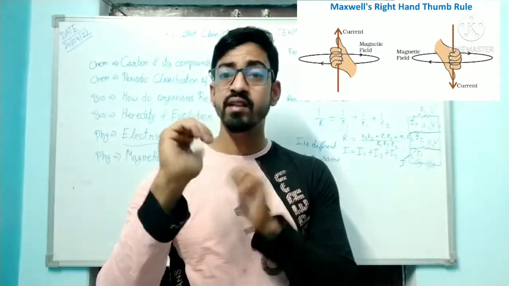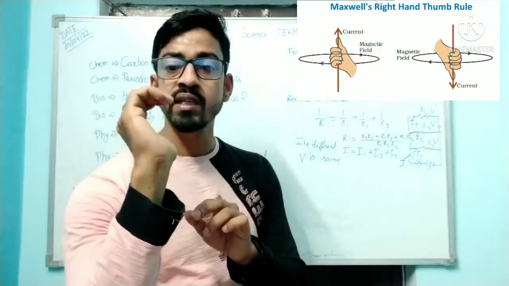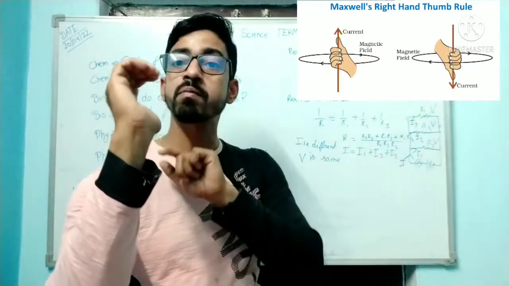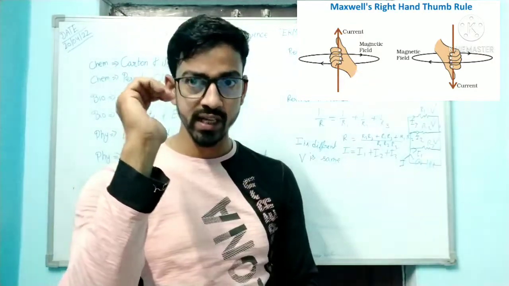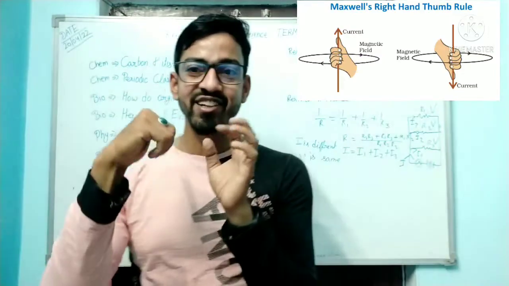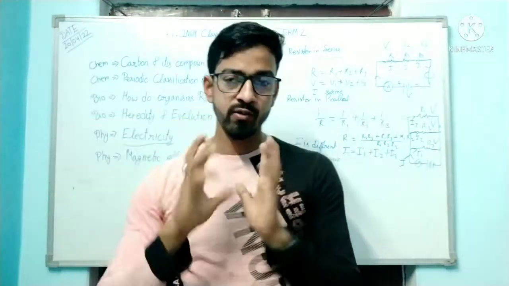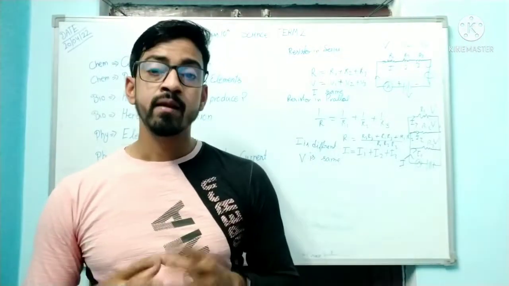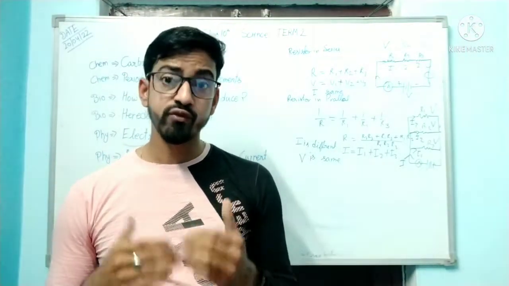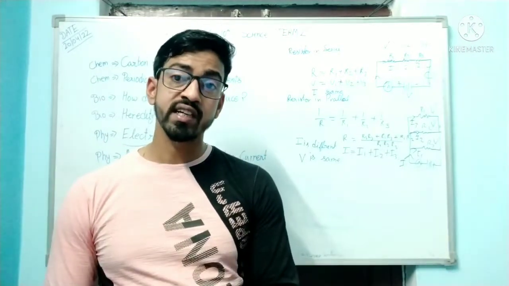This concept also differs by your viewpoint. From me it is rotating anti-clockwise, but from your side it looks clockwise. That also creates confusion, and when it is down it is different, clockwise or anti-clockwise. That is the right hand thumb rule for finding the direction of the magnetic field when current flows in a wire.